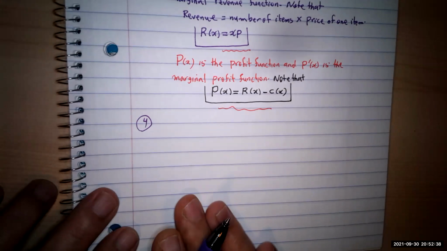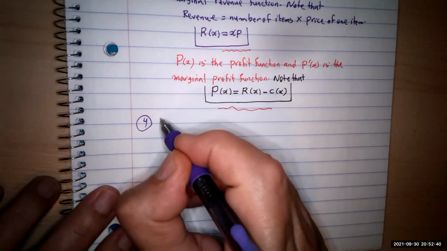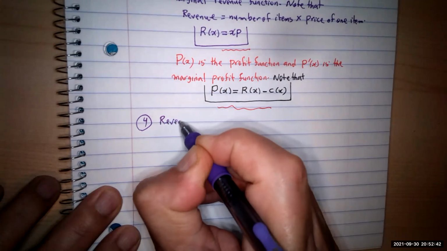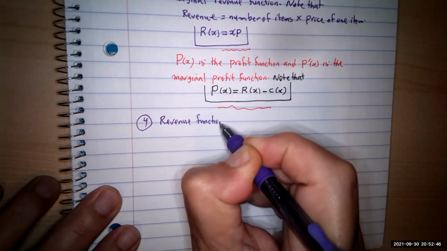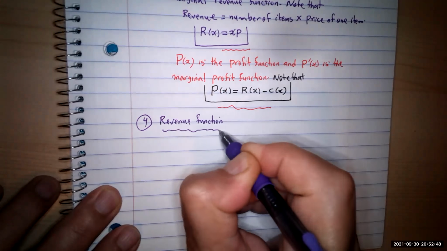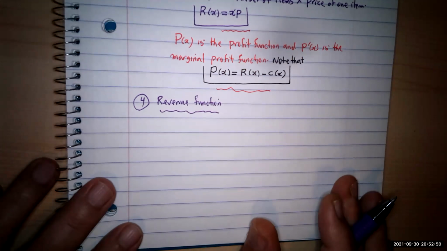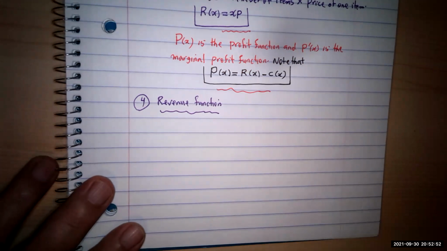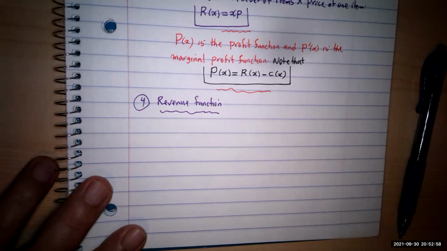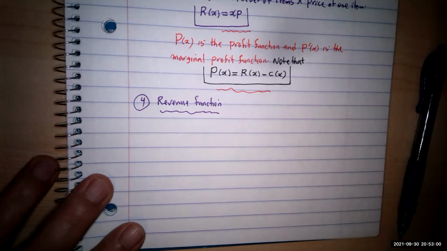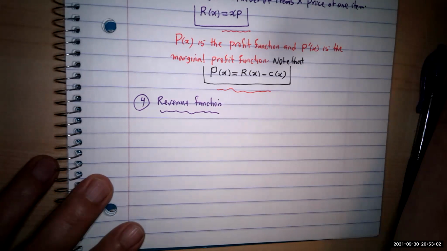Question number 4 is the revenue problem, we call it. This is going to be a revenue function in this question, and question number 5 would be the profit function. Now in number 4, I will share it quickly.